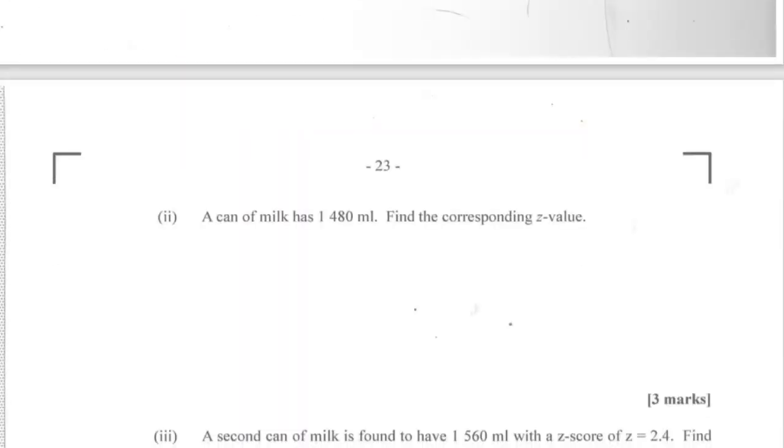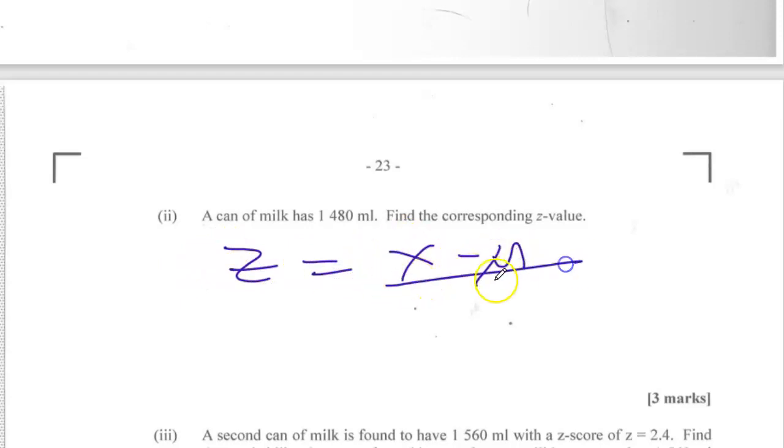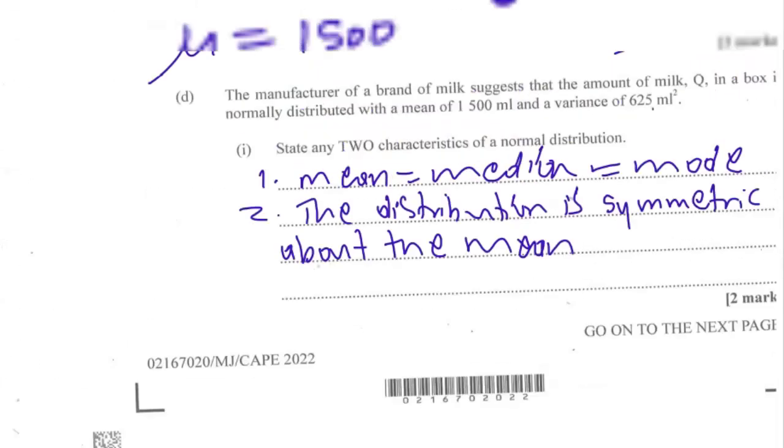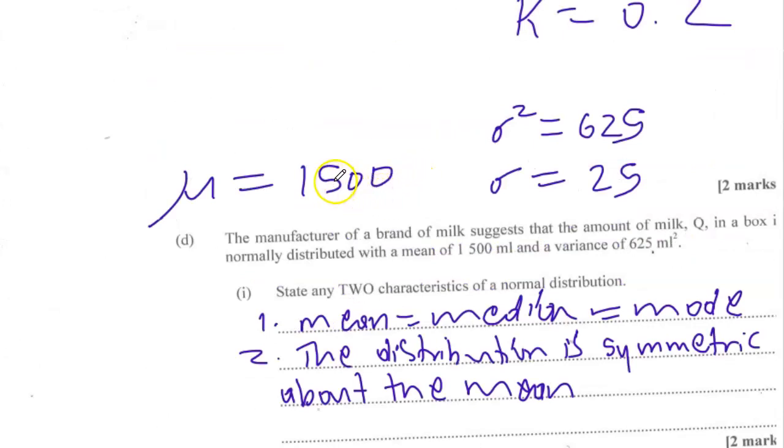A can of milk has 1,480 milliliters. Find the corresponding Z value. The Z value is x minus mu over sigma. So x is 1480, and we're told the mean was 1500 and the standard deviation was 25.